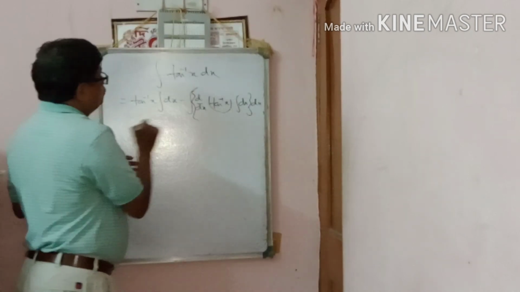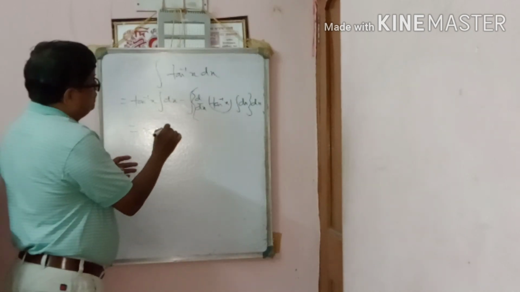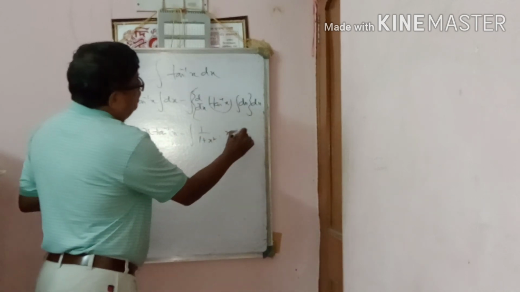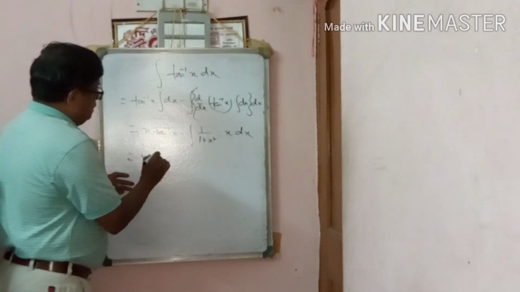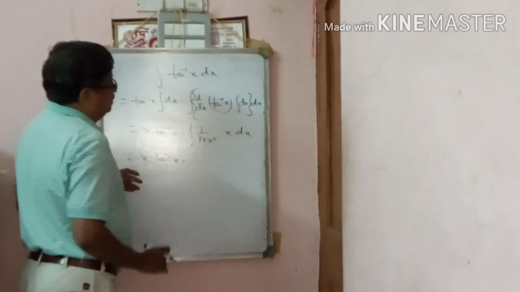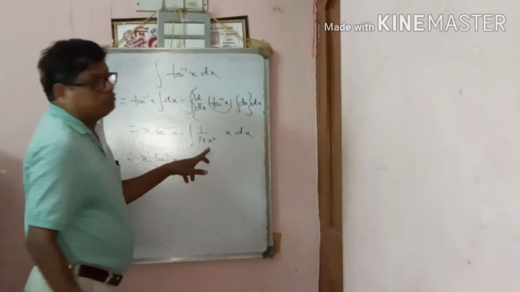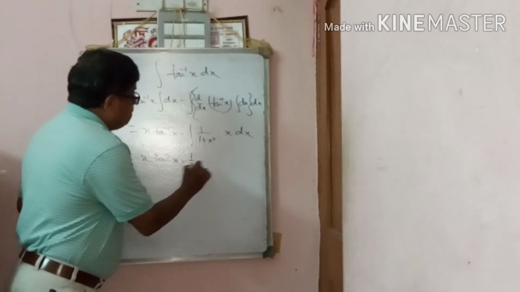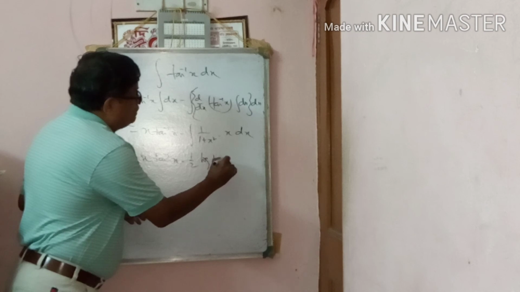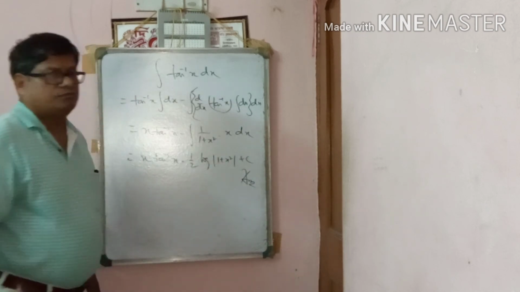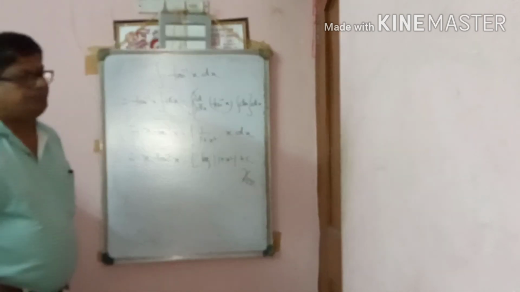So write x tan inverse x minus 1 by 1 plus x square into x dx. Now take 1 plus x square equal to z, so 2x dx is dz, so you can write half 1 by z, log of 1 plus x square, plus c. This is the answer.